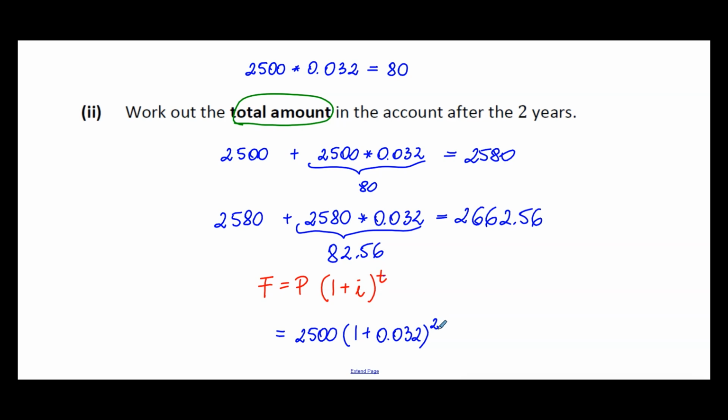So we have 2 years. And again, when we put all of that in the calculator, we're going to get exactly the same answer here in one go. I just wanted to explain to you how compound interest works.